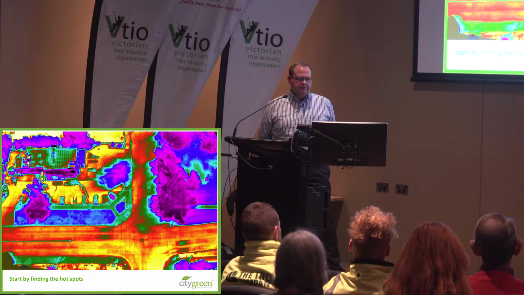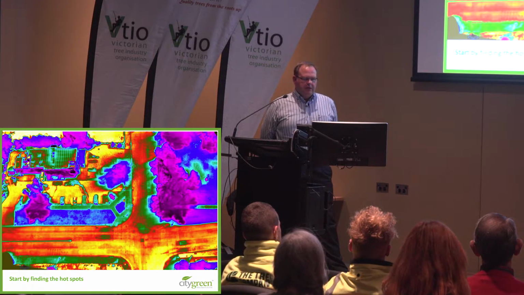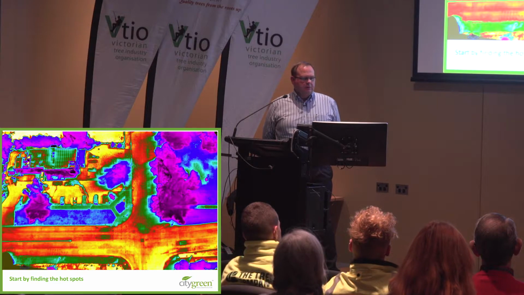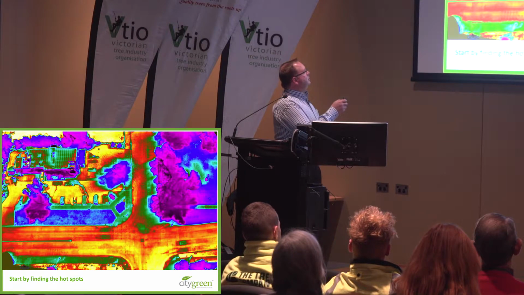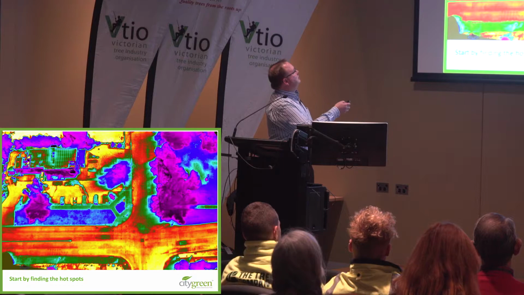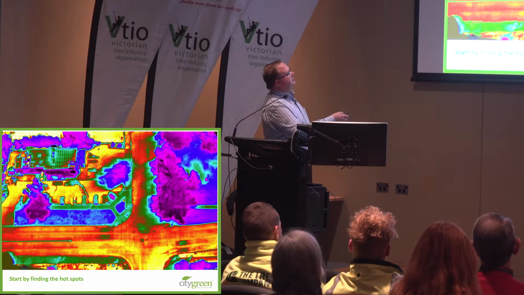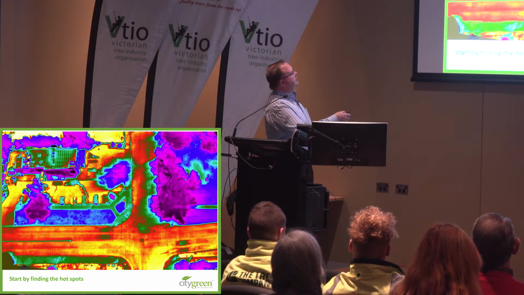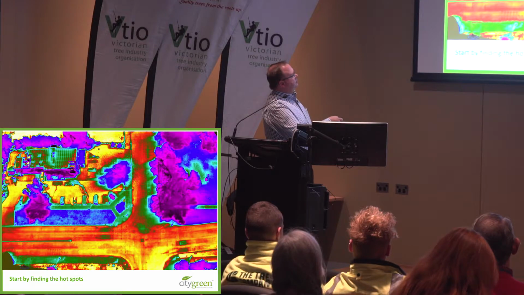So this is a KFC in Darwin, and what we see there is a building. So that's the building here, and this is the car park, and you can see the extreme heat there, and then we've got some tree canopy here, and you look at the roadway as well.